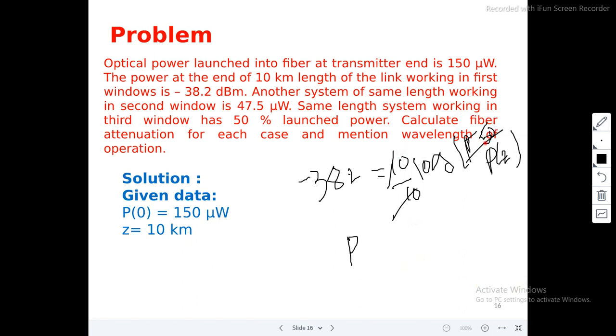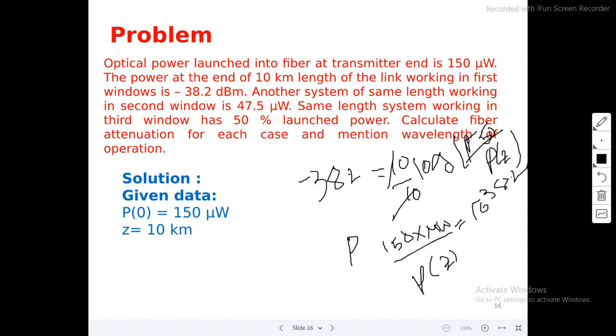So P of 0 is 150 microwatts, substituting the value, 150 microwatts by P of Z is equal to 10 power minus 38.2.